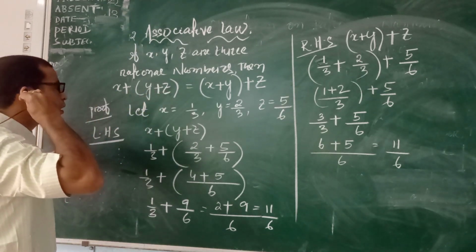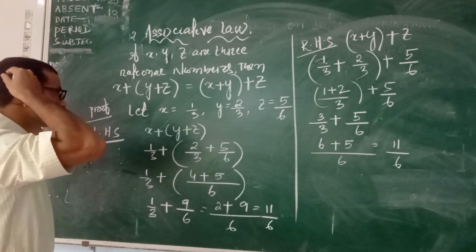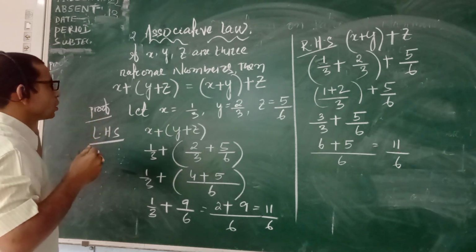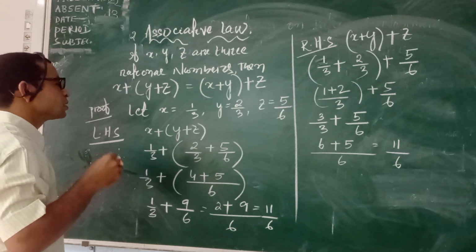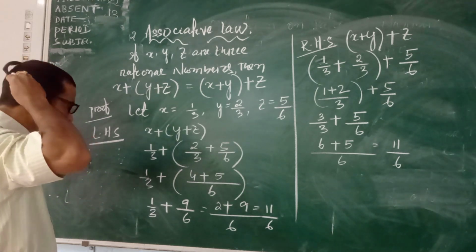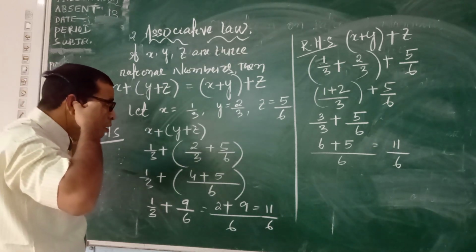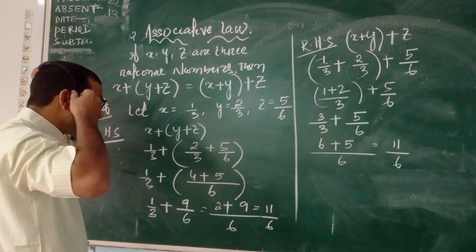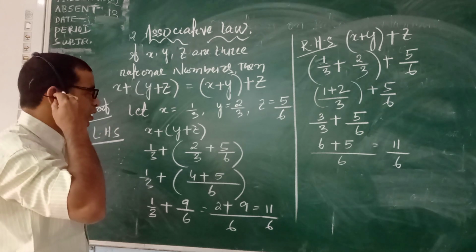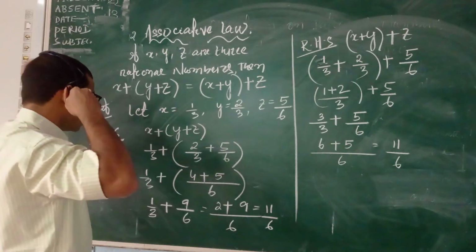Whereas in the RHS, you see x plus y is inside the bracket and z should be outside.